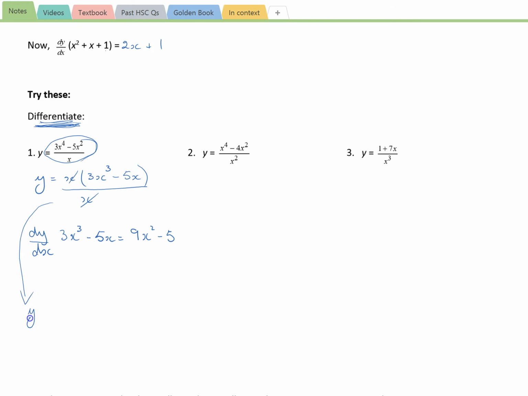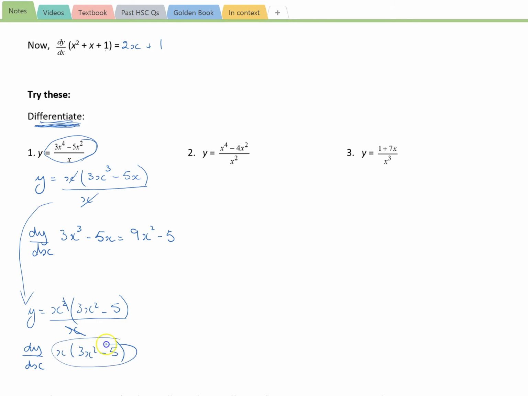If I had said y is equal to x squared outside of 3x squared minus 5, which you can see is correct, all over x, then that and that cancel, still leaves an x outside, and I want now dy/dx of x outside of 3x squared minus 5.